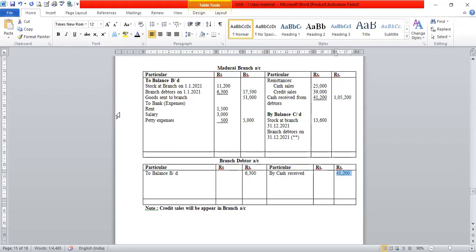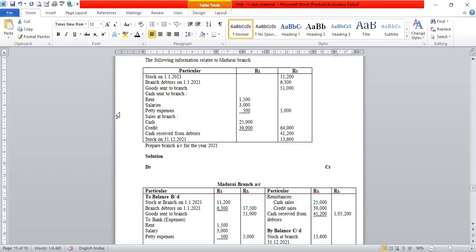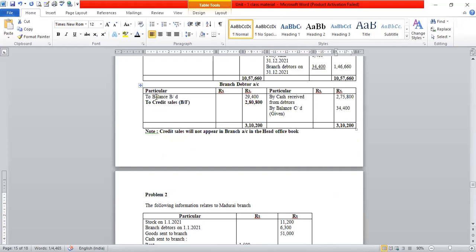So apart from that, only one piece of information has to be mentioned here. Debtors means I have given credit; they will pay in the future. That is credit sales. Yes, just check the previous problem: opening, closing, cash received. Apart from that, here the credit sales.